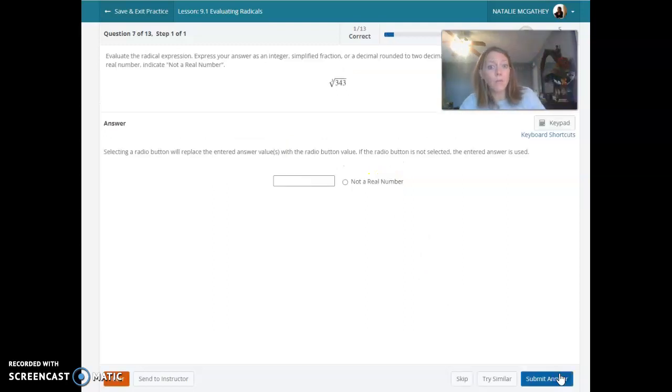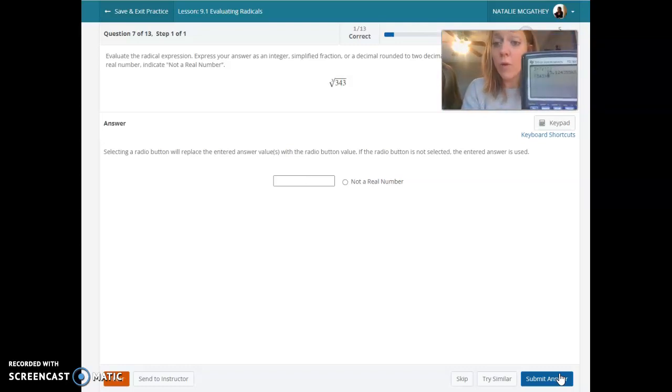We'll look at a couple more problems. So here, same thing. You can use your calculator for this. If you know what the cube root of 343 is, great. If not, you can use your calculator. There's a couple different ways to do that. The first is if you have one of these graphing calculators, you can use the number 343, put it in parentheses there, okay?